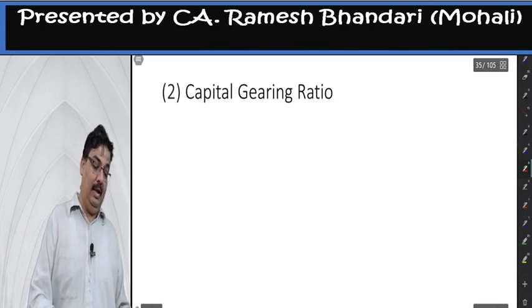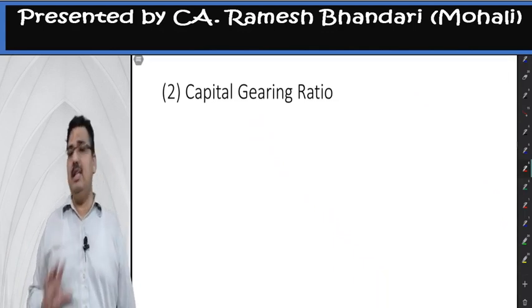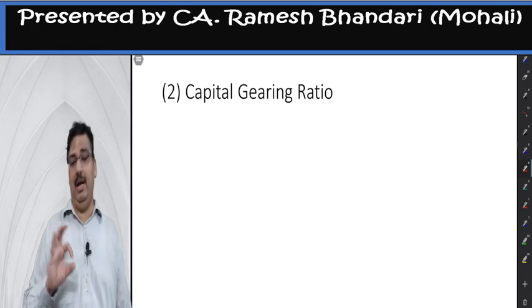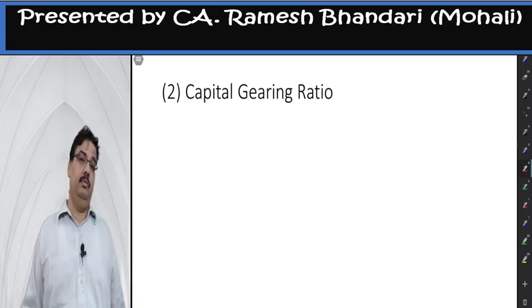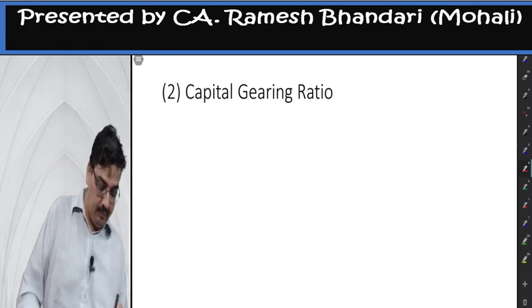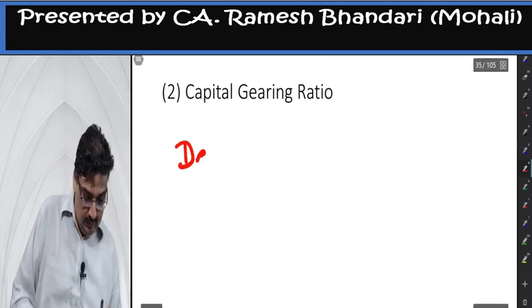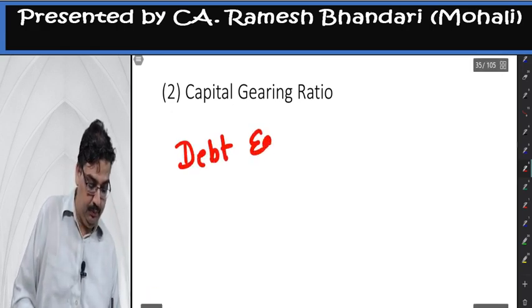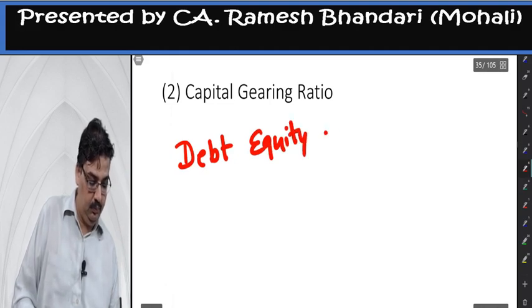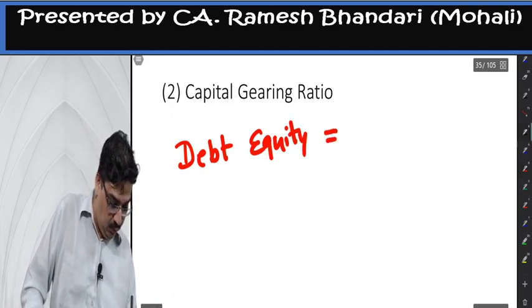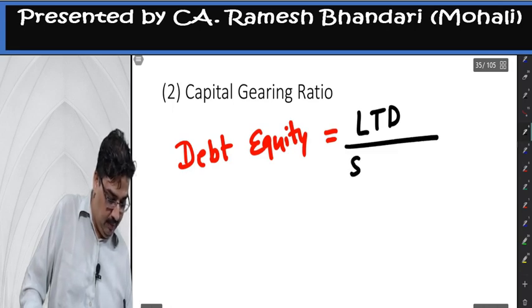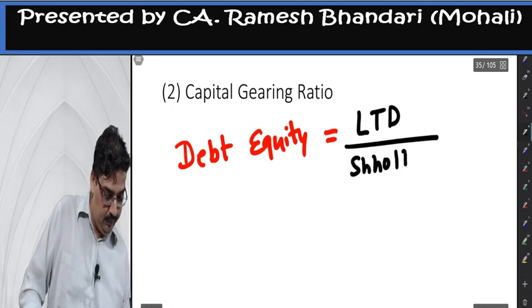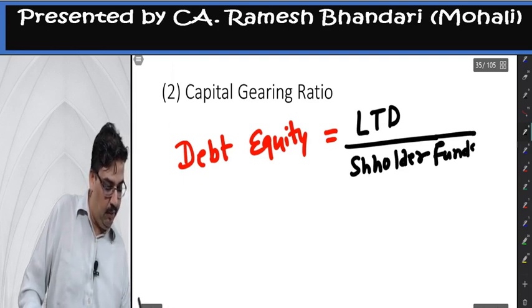Next, capital gearing ratio. It is similar to the debt equity ratio, but sometimes confused a little bit. Try to understand. What was the debt equity ratio? Debt equity ratio was long term debt divided by shareholder funds.